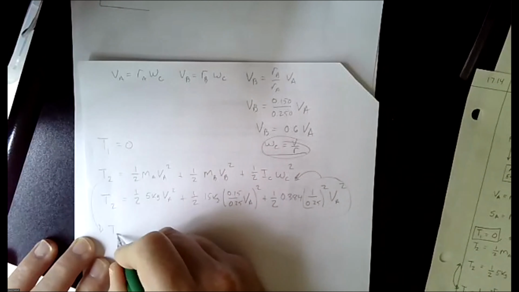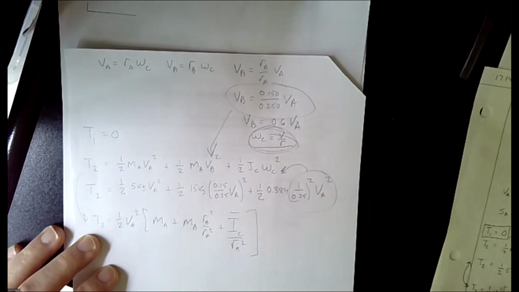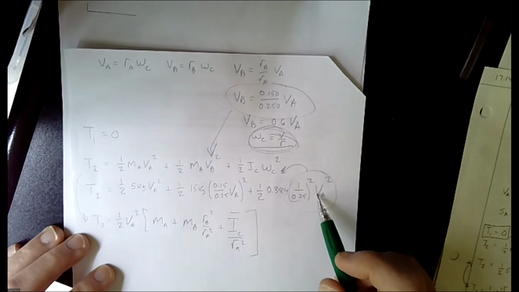Okay, and that's just another version of it. Anyway, the only substitution we're really doing here is this for that, and we're using this relationship between omega, V and R to get rid of the omega and put it in terms of VA. That's it. And in order to do that, we have to manipulate a little bit, but as you can see, the whole objective is to get it to the point where the only unknown we have is VA.